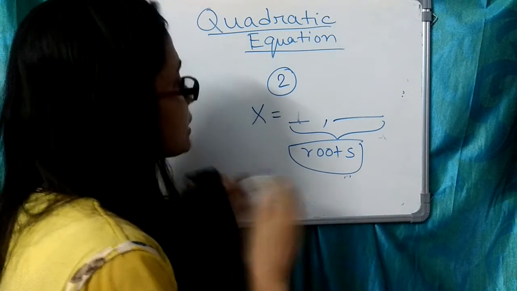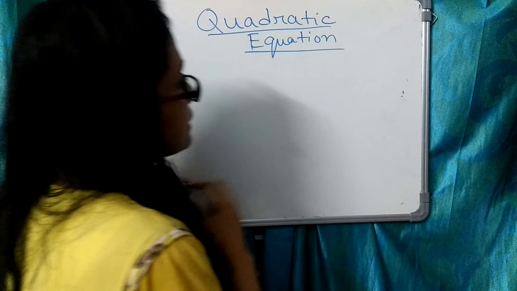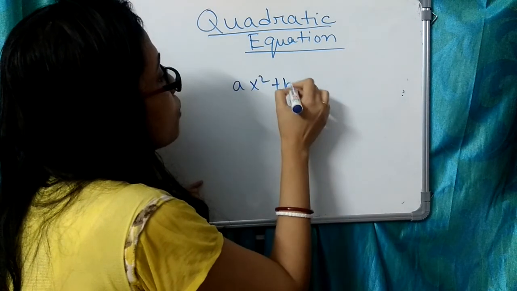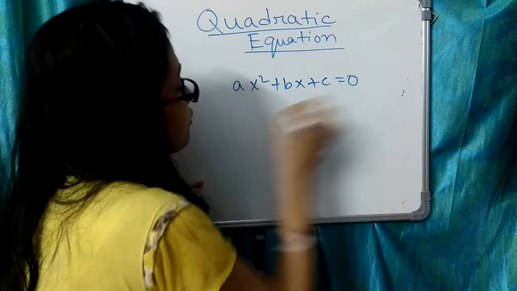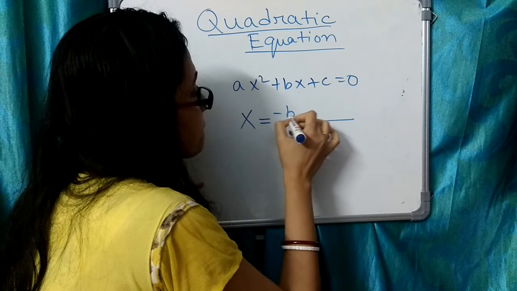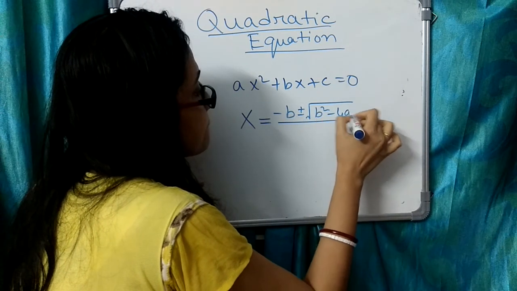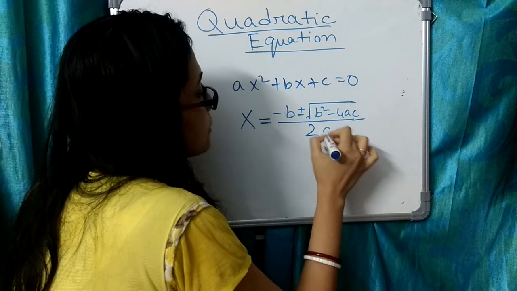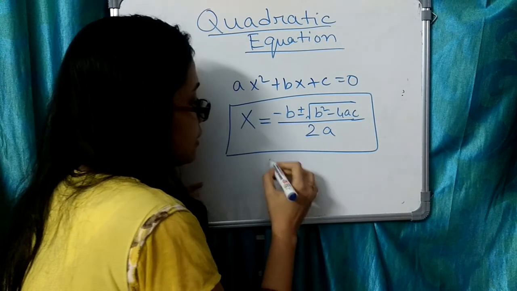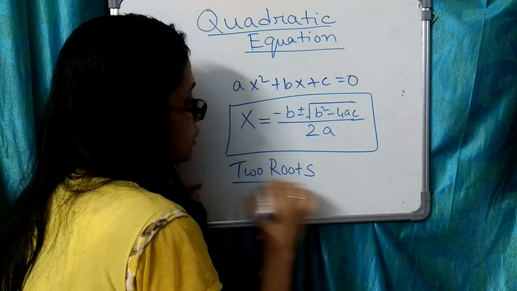So now, from the standard form, this is the standard form of a quadratic equation, and from this we will get two roots of the quadratic equation.